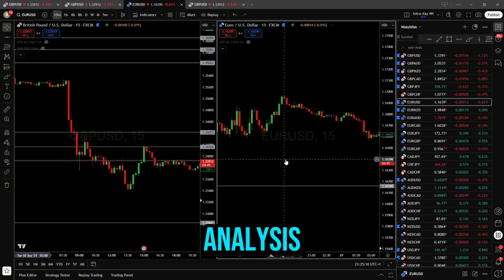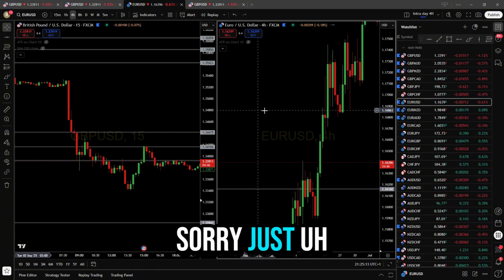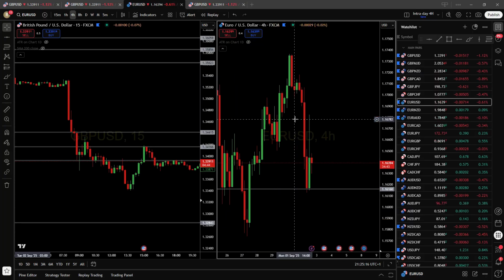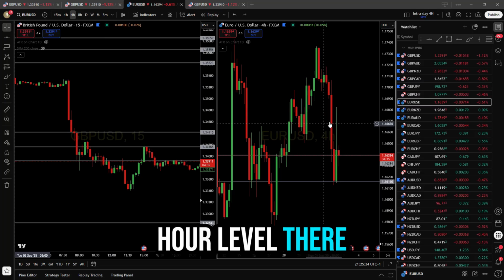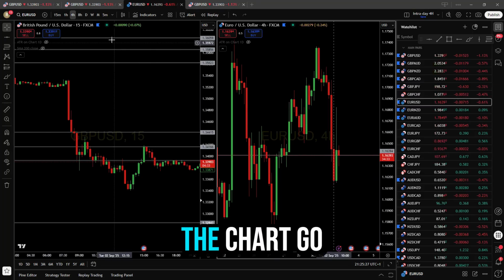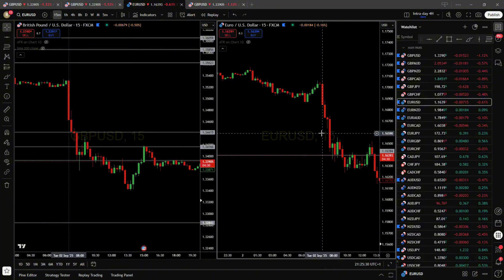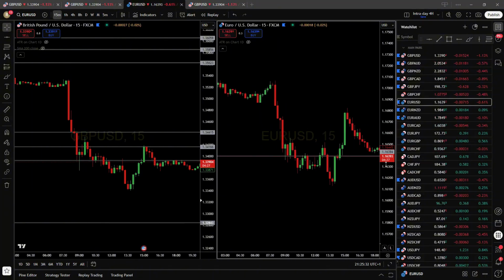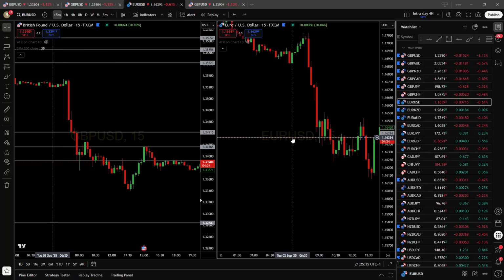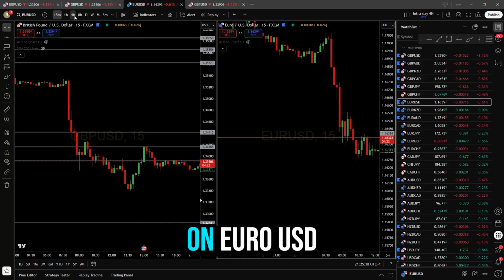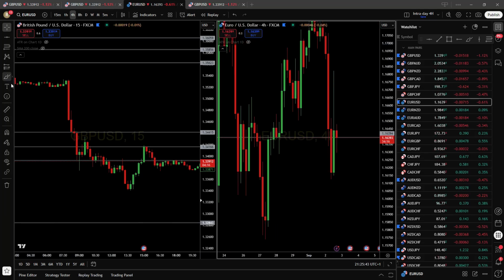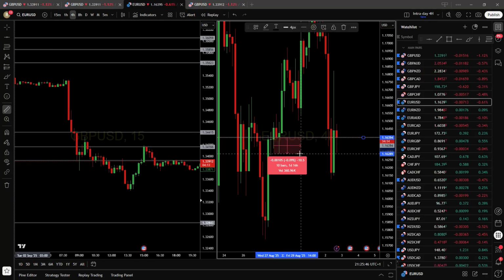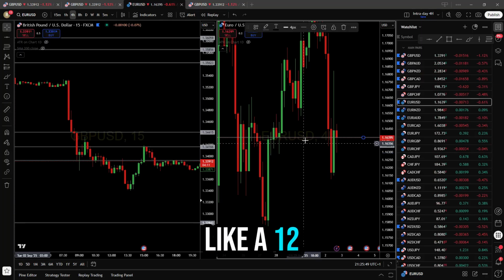I've updated my analysis. Sorry. So that 4-hour level there, get rid of that so it's the only one on the chart. Go down to the 15-minute. So my zone on Euro USD was 10 pips, so I can have like a 12 pip stop loss on that.